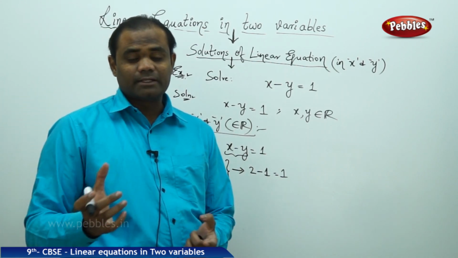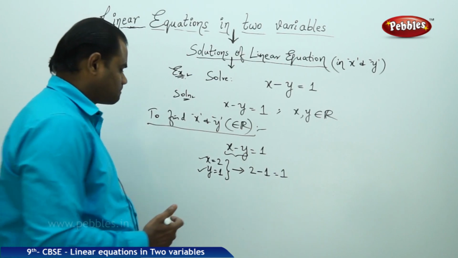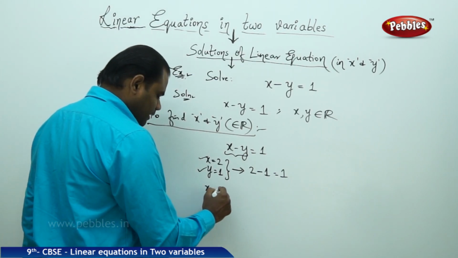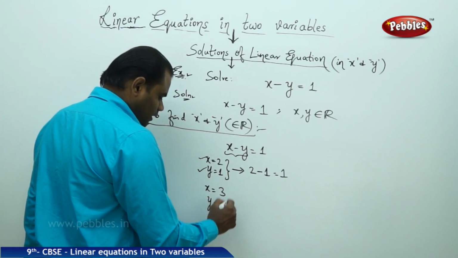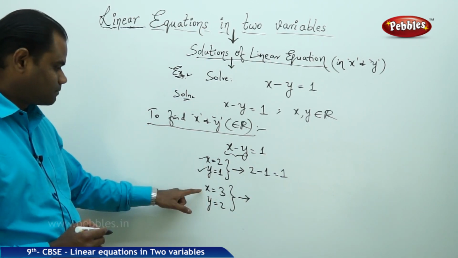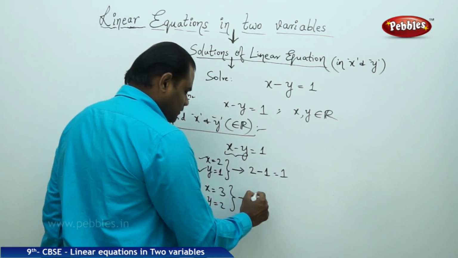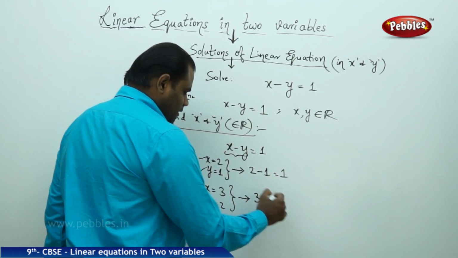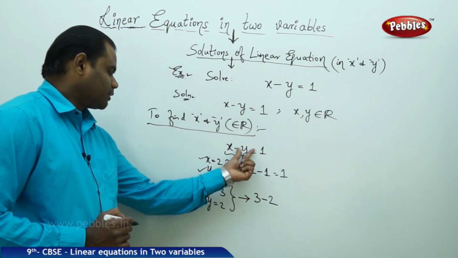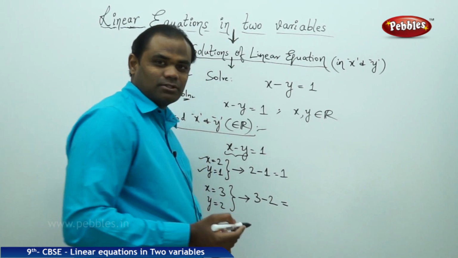Let's try another hit and trial to find other possible solutions. Let me take x equals 3 and y equals 2, and let's see if this satisfies the given equation. My x equals 3 and y equal 2 implies my left hand side is 3 minus 2, x replaced with 3 and y replaced with 2. And we know that 3 minus 2 is 1.